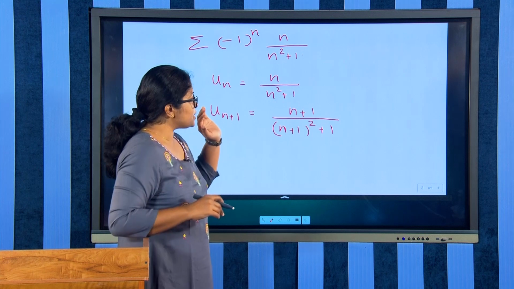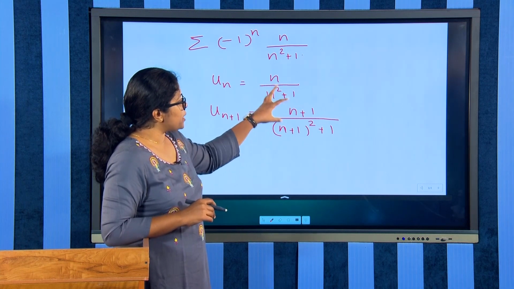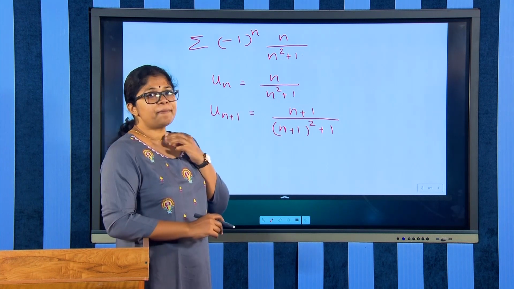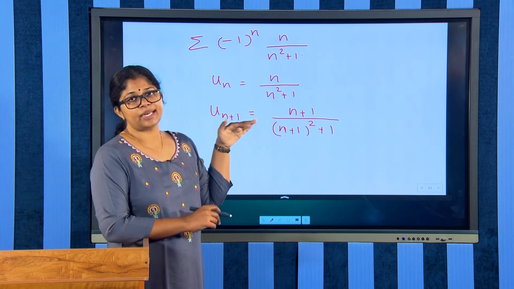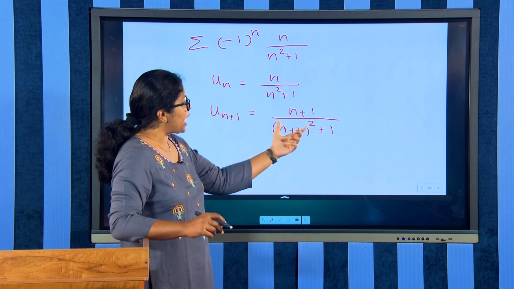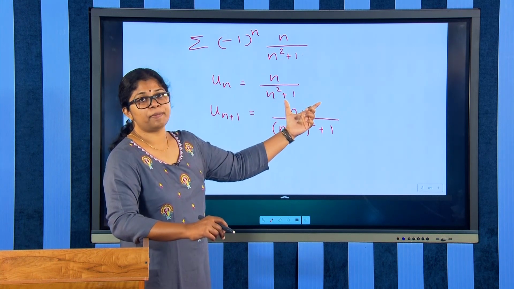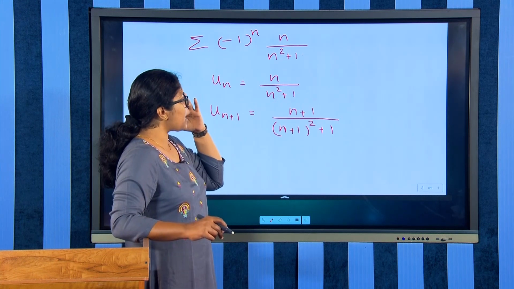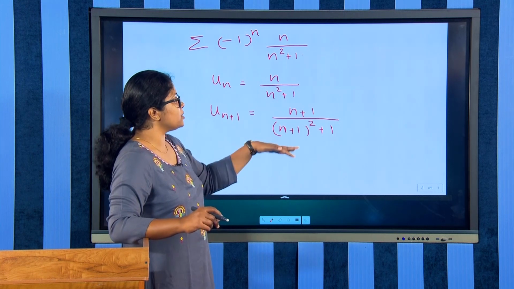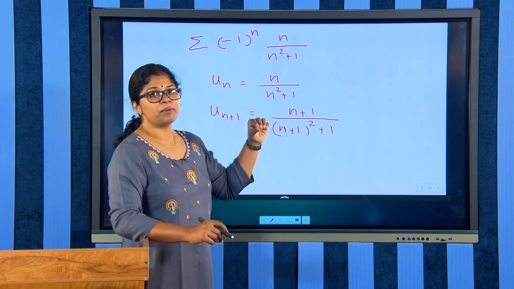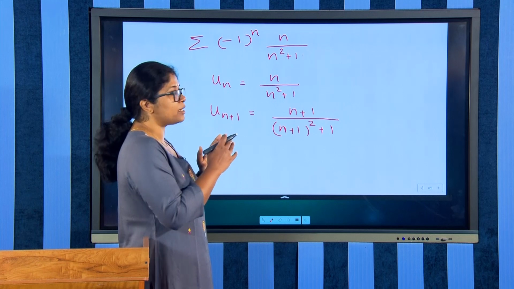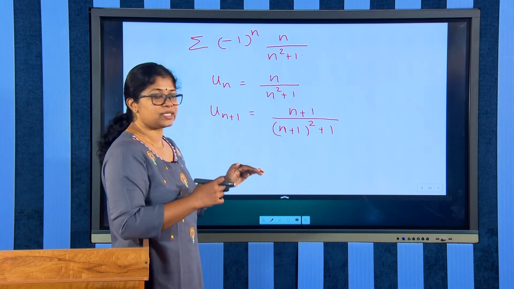As we can see from the expressions itself, it is a bit difficult to compare directly because we are having a larger denominator, but the numerator is also getting bigger. So at a glance we cannot compare these two. We require something more to find the increase or decrease of this sequence.